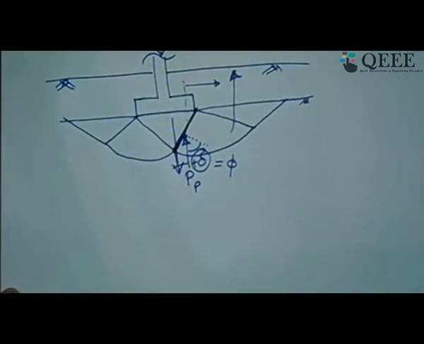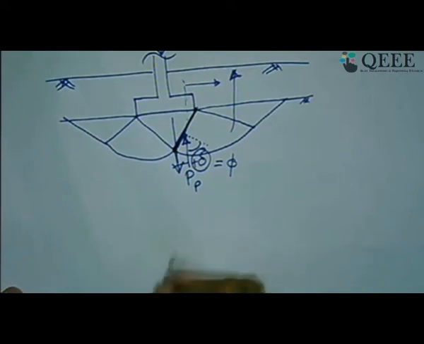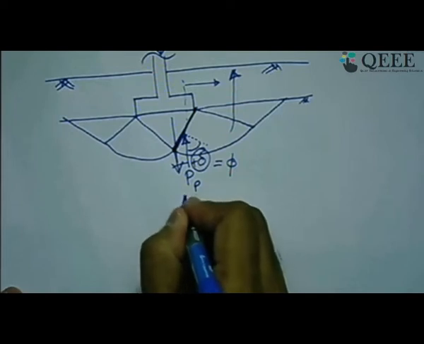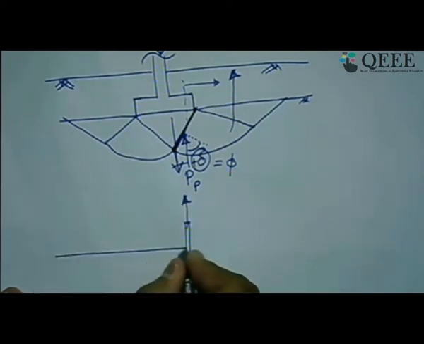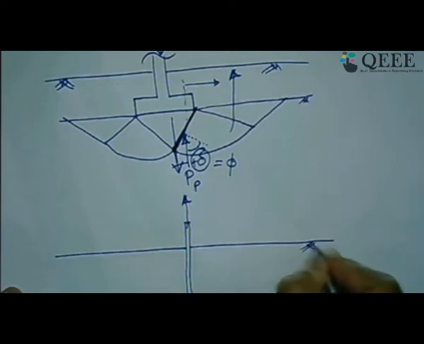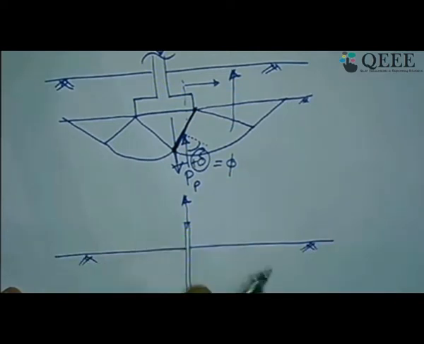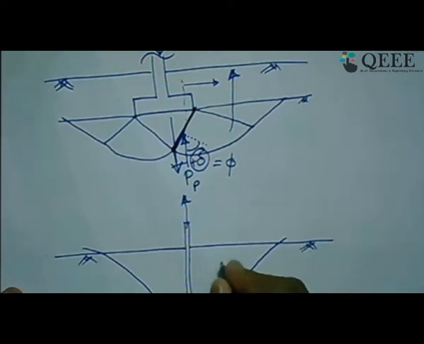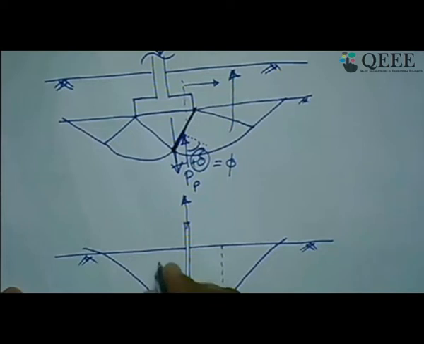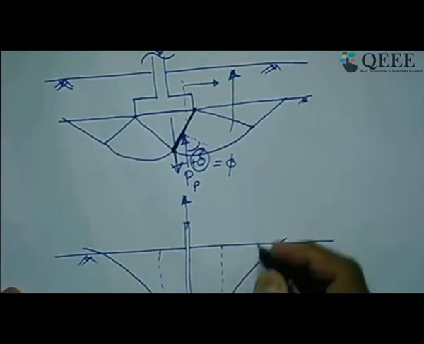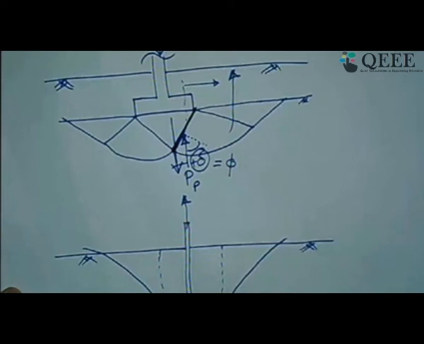Another application of passive earth pressure, for another scenario, is like this. For the case of uplift of any foundation or for anchors, ground anchors, if you want to pull it out, it will try to fail like this. In that case, if we assume this dotted line as an imaginary retaining wall, who moves up, who moves down, and who moves sideways?